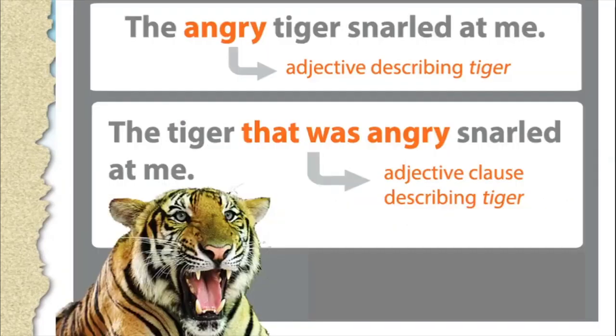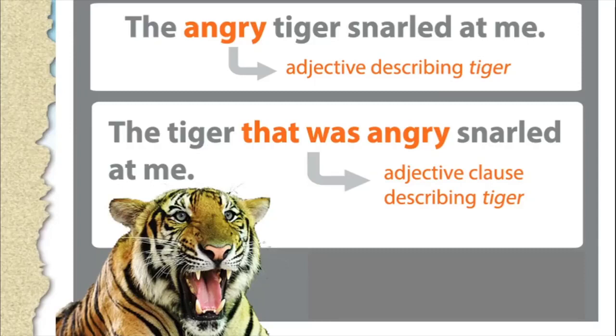Let us look at this now, so you will understand easily how an adjective can be changed into an adjective clause and vice versa. So: the angry tiger snarled at me. Just now I told you, the blue car belonged to Ethel. There blue was the adjective. Here see, the angry tiger snarled at me. So which tiger? The tiger who was quiet, the tiger who was happy, the tiger who was hungry?